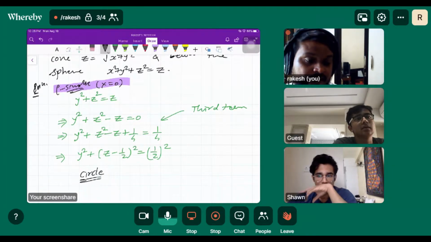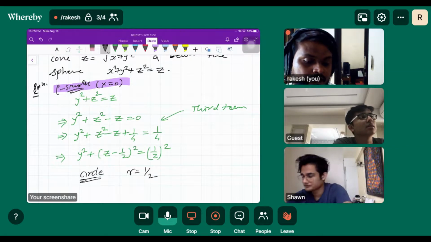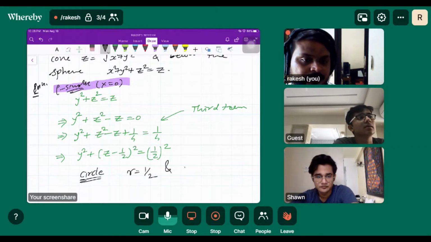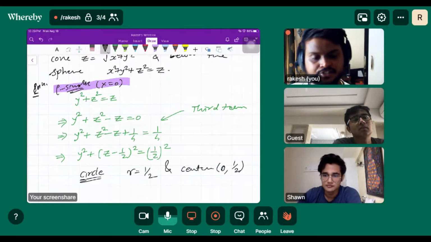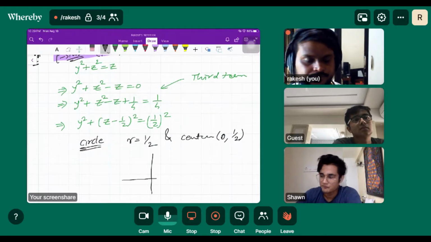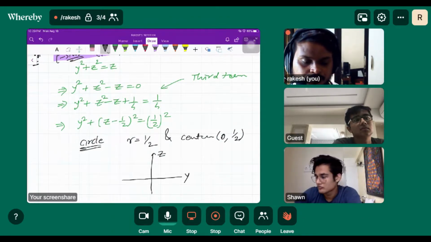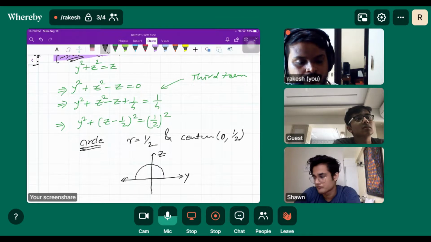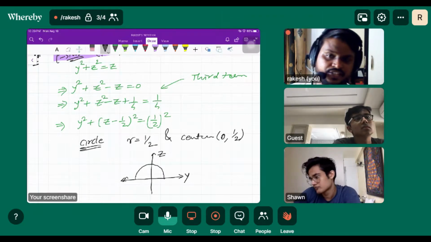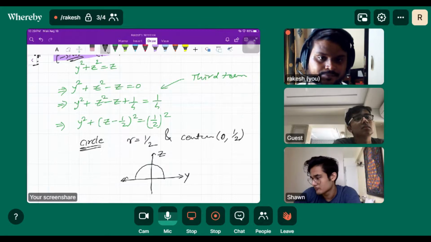This is a circle with radius half and center zero comma half. Now please draw the region here on the YZ plane. Why are we taking this?